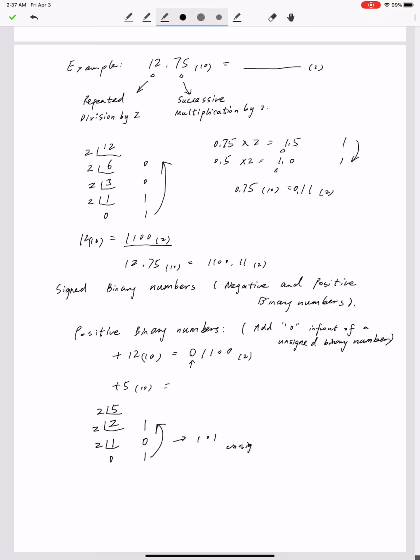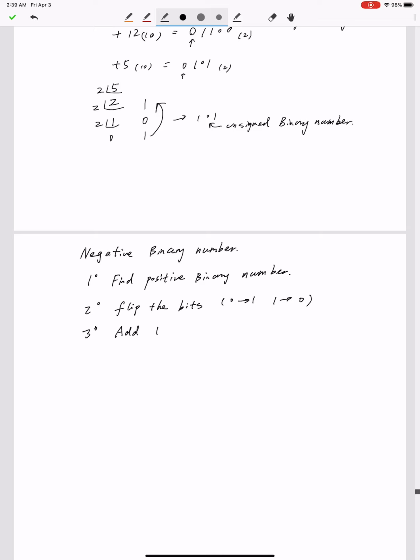Okay, that's the first step. Second step is you flip the bits. Flip the bits means whenever you have 0 for a digit, you change that to 1. Whenever you have 1, you change that to 0. Okay. And the last step is add 1 with the flipped number.